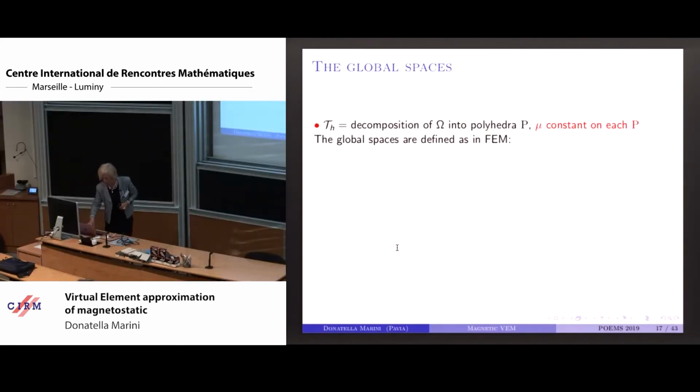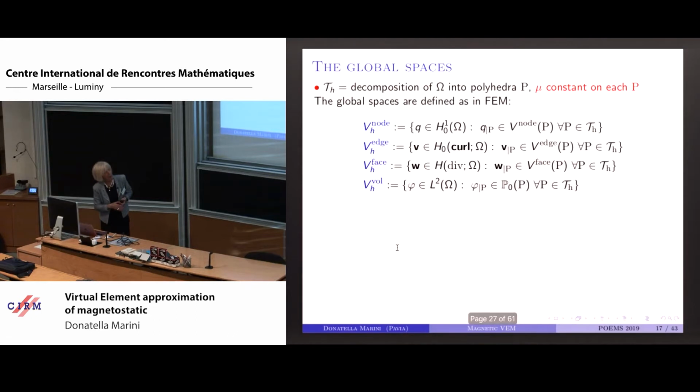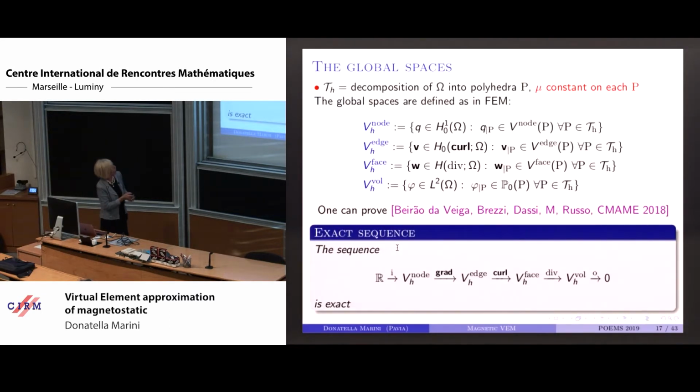So the global spaces, I'm not gonna repeat. For proving error estimates and everything, we need this condition, the red one, mu piecewise constant on each polyhedron. Then the global spaces are constructed gluing together the local spaces, and we proved that this sequence is exact, okay?